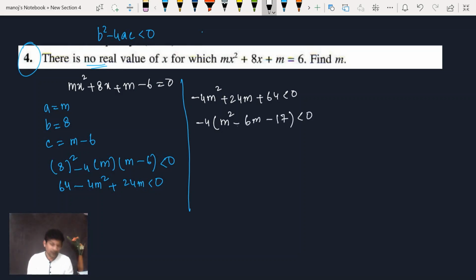Okay, here you can use the quadratic formula, it is up to you. So m squared minus 6m minus 16. When you remove this negative sign, this will become greater than 0. This is the most important part: when you change the sign of the variable, the sign of the inequality will also change. Okay, multiply to get 16 and minus to get 6, 8 into factors.